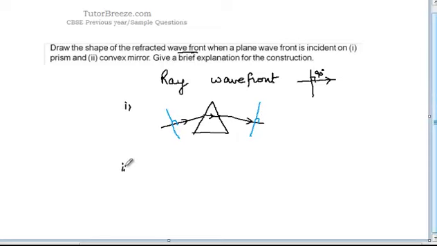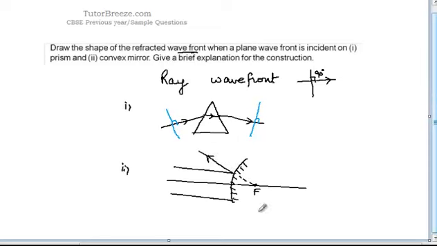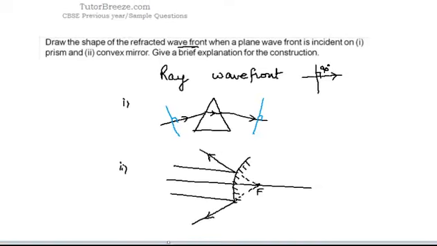The second part of the question is for a convex mirror. So we'll first draw a convex mirror and we have a ray of light which is incident. So now say this is the focus, so this gets reflected from here, and similarly this appears to emerge from the focus and this gets reflected like this.